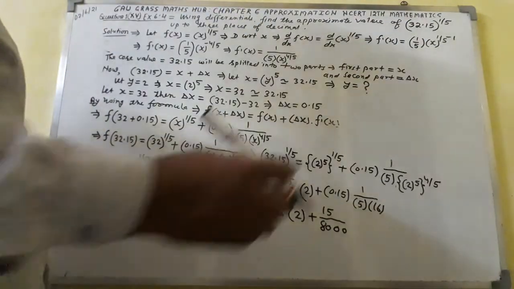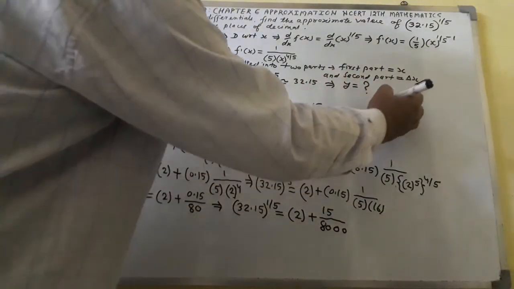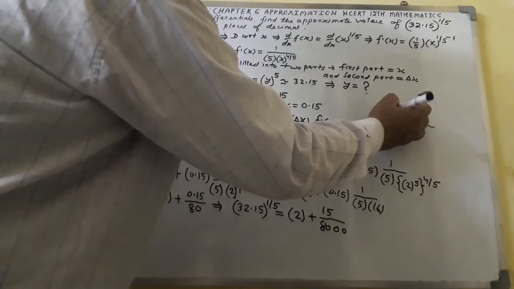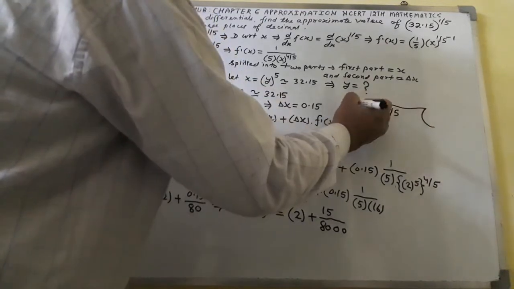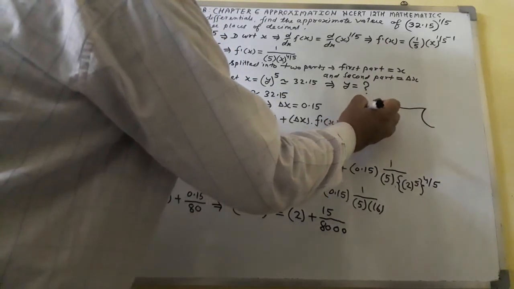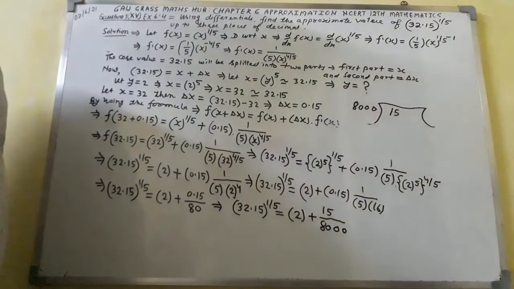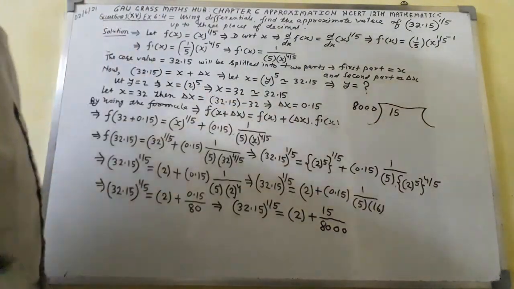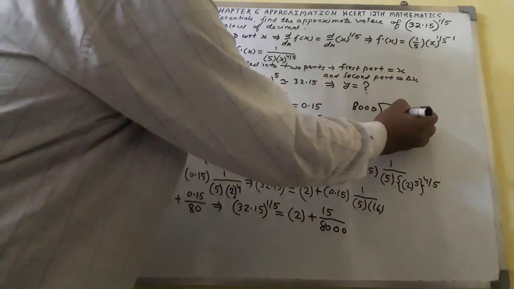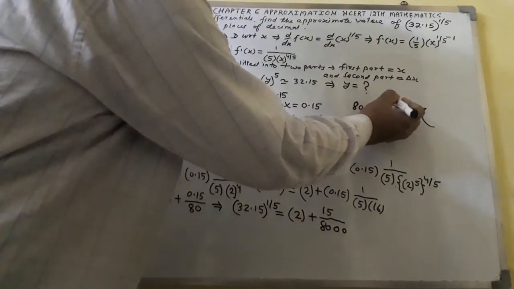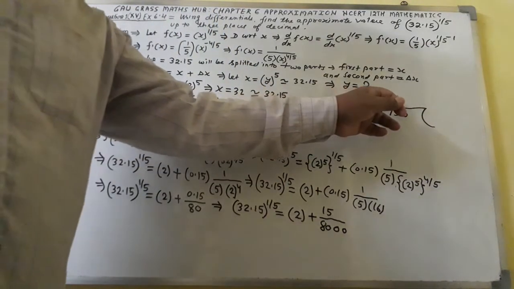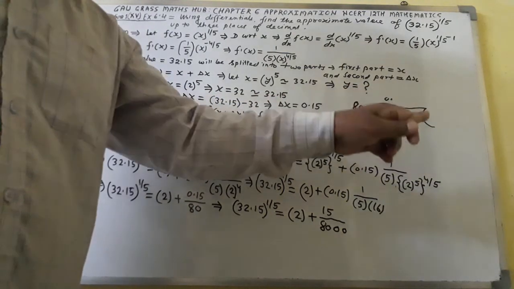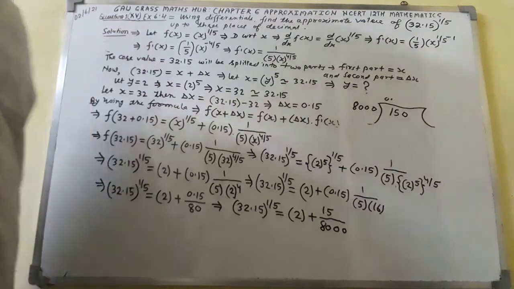Let us see how this operation will proceed. 15 is there, so put here 0. Here I shall write 0 point. If you add the decimal here, then 0 will be added.